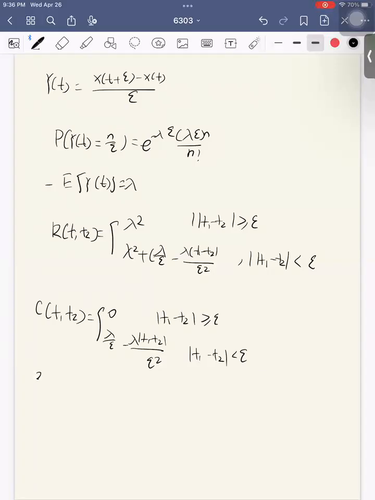The point impulse process is defined as z(t) equal to this one, where x(t) is a Poisson process. The graph looks like this.